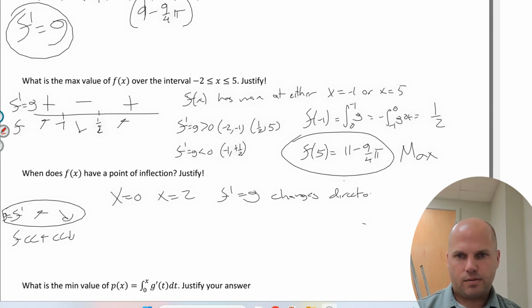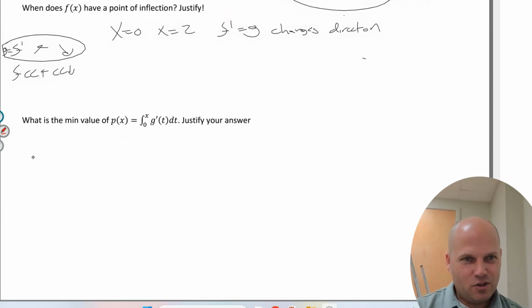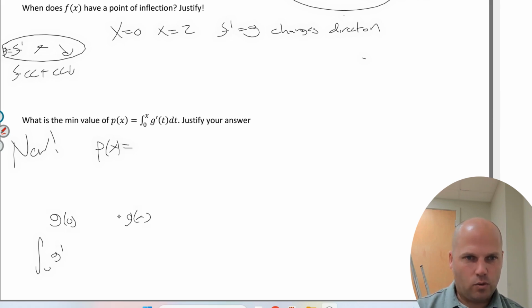Oh man, I got class. Min value. All right, watch this. New function P equals, well, if I want to accumulate G prime, I can just look at its antiderivative G over the course from 0 to x. All right, cool. So I get that this is G of x minus G of 0.